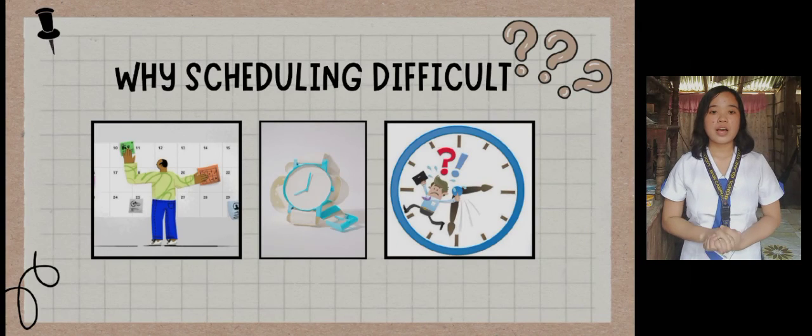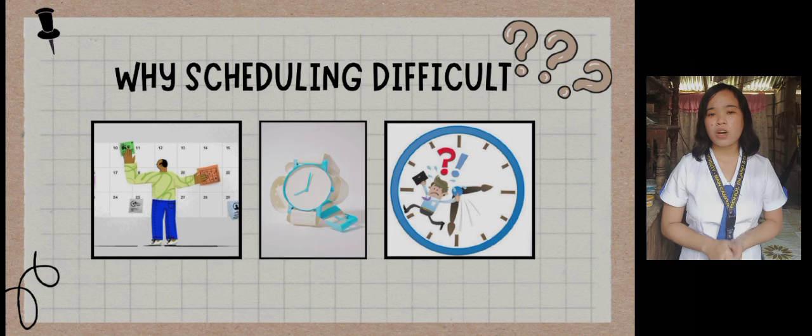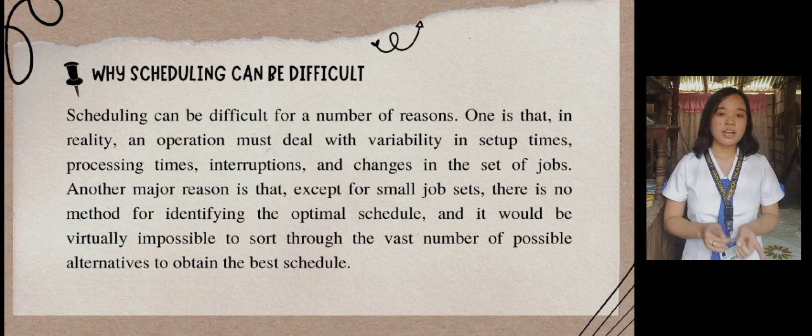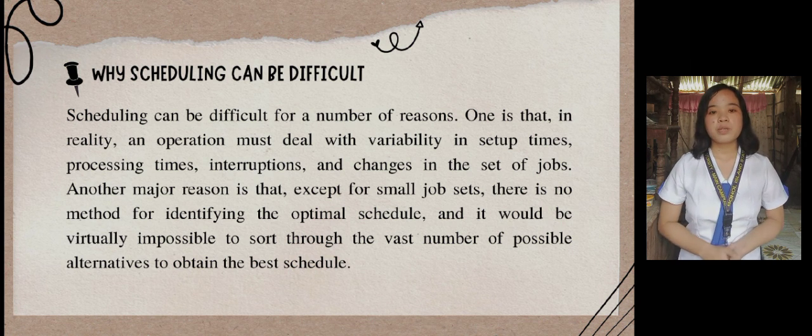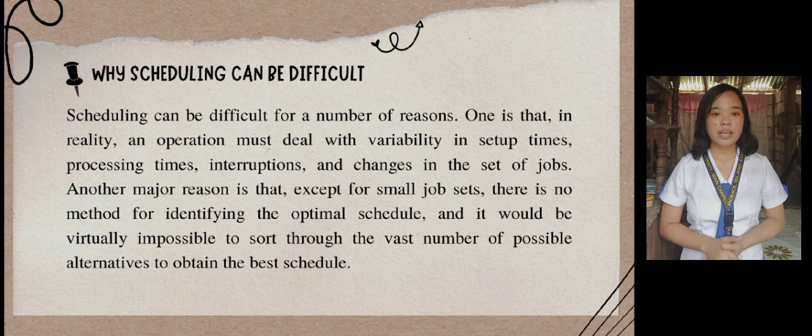Next is, I think it is a common question that we encounter when we tackle scheduling, no? So, why can scheduling be difficult? Scheduling can be difficult for a number of reasons. One is that, in reality, an operation must deal with variability in setup times, processing times, interruptions, and changes in the set of jobs.